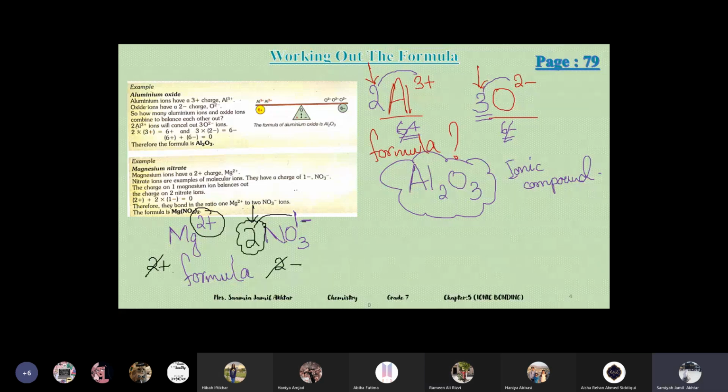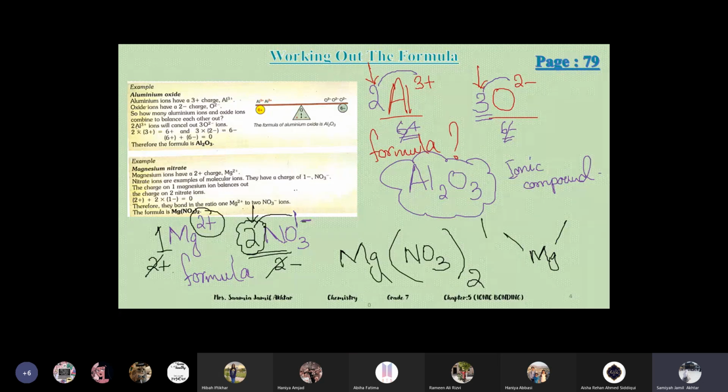So nitrate is 2, and its formula will be Mg, because Mg is 1, and nitrate NO3 stays together. So we write brackets and then 2 outside, because it indicates that there are 2 nitrates. 2 nitrates are attached with magnesium.